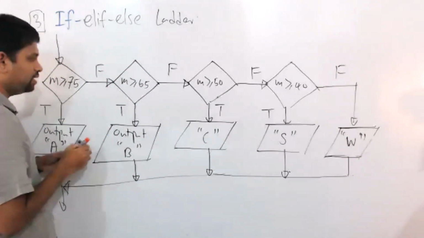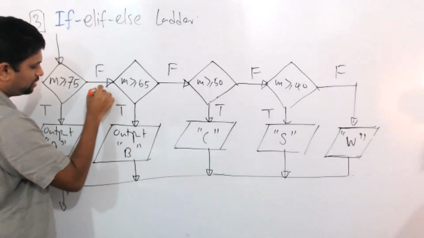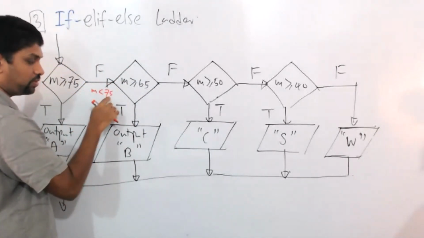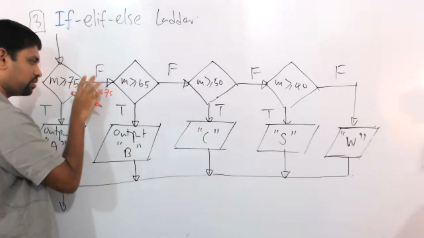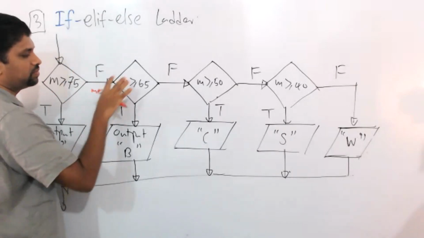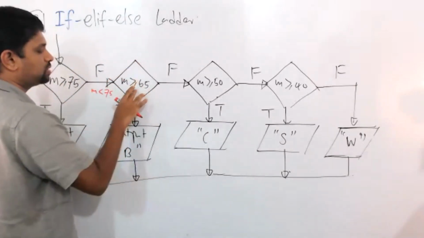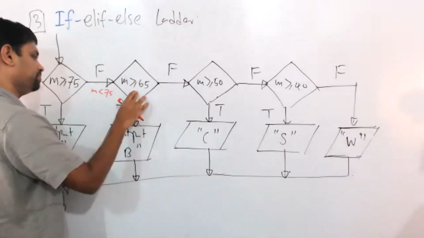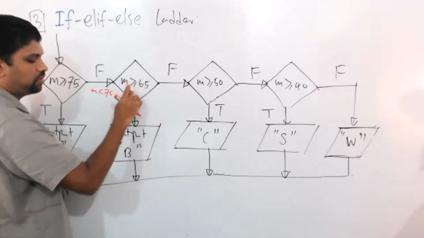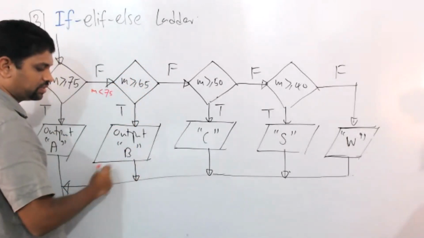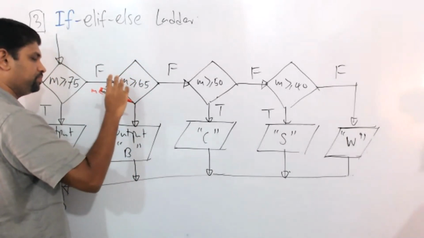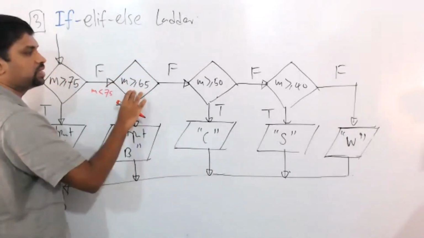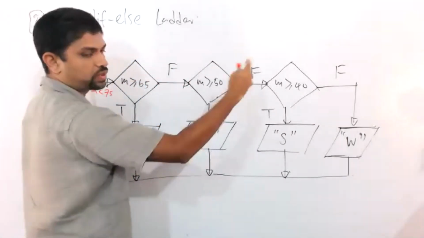So under the condition that m is less than 75, we are going to check this. We are going to check whether m is greater than or equal to 65, right? If so, we will do it, and that's the end. If it is still false, then check the next one, and so on.